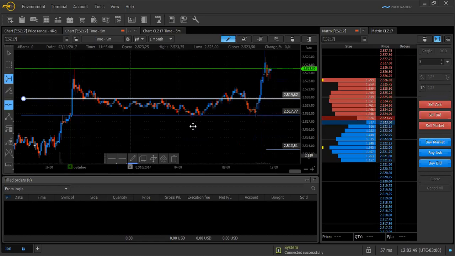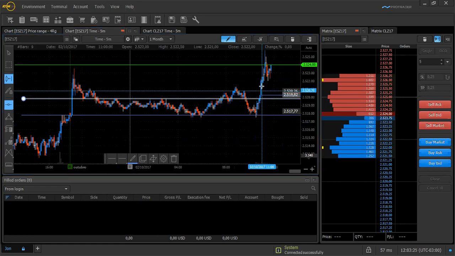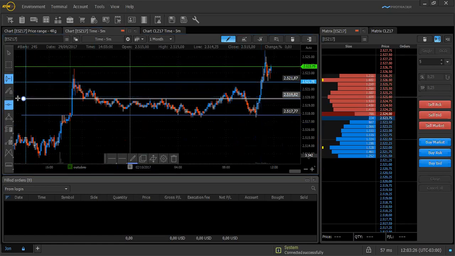I got one here, br.investing.com/economic calendar. So 11 o'clock was PMI, industrial ISM. So it was of high volatility, and that's why we actually have this big movement here. So let's keep on drawing our lines.